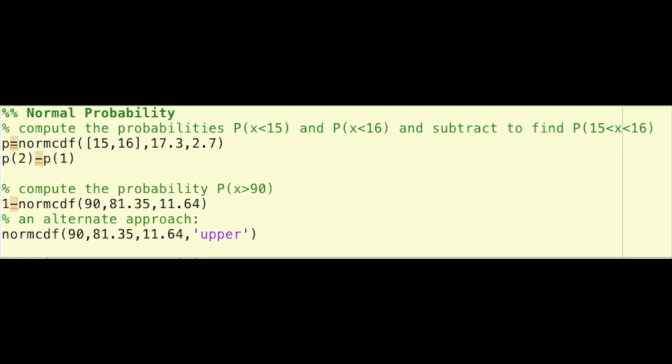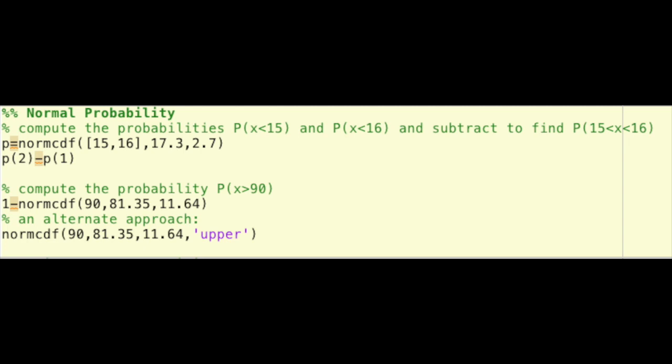This time I'm using different mean and standard deviation parameter values of 81.35 and 11.64, but 90 is the random variable value. So normcdf of those three values computes the probability that x is less than 90.